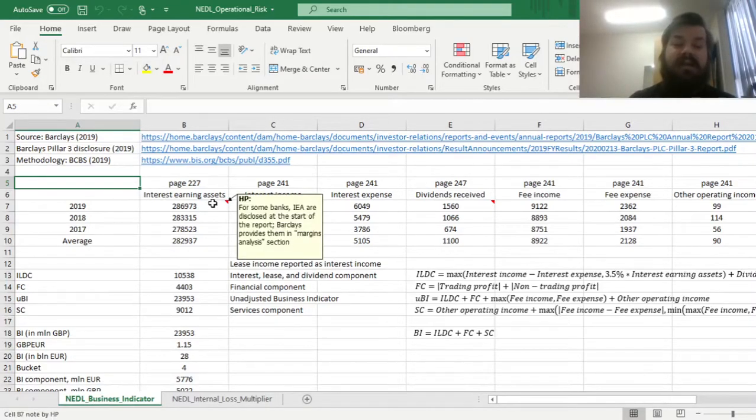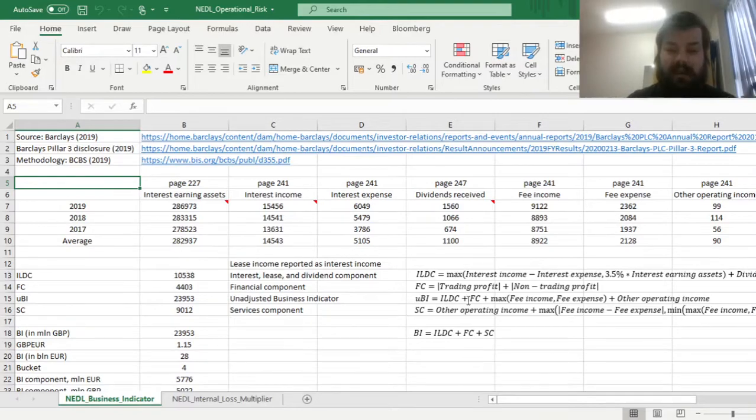For some banks, this figure would be disclosed at the very start of the report as one of the key metrics, but for Barclays, it can be found in the margins analysis section, where Barclays reports its interest margins. So here they have clients' assets that yield interest, and that would be a very good proxy for the interest earning asset stock that we take for our calculations.